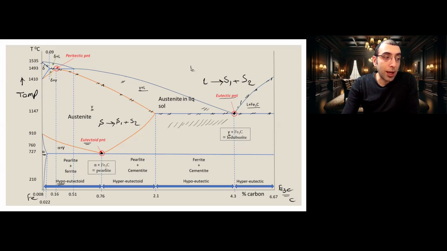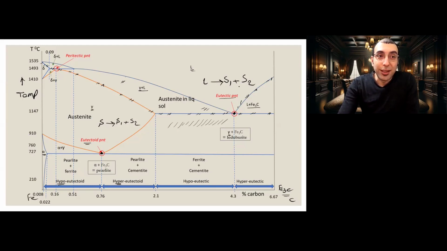See that here, hypoeutectoid alloy, for any composition that has less carbon than 0.76. And for every alloy that comes after this point that has more carbon than this eutectoid point, 0.76, for example, 1% carbon, then we call it hypereutectoid alloys.